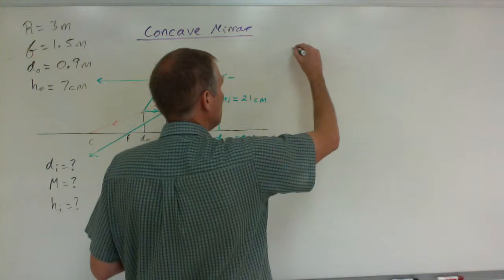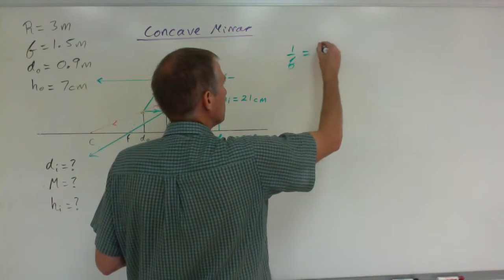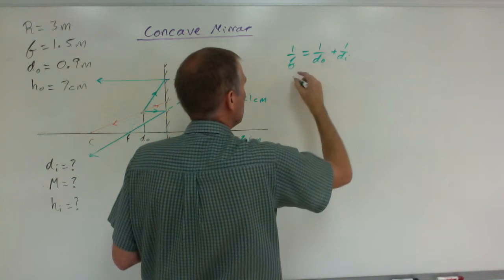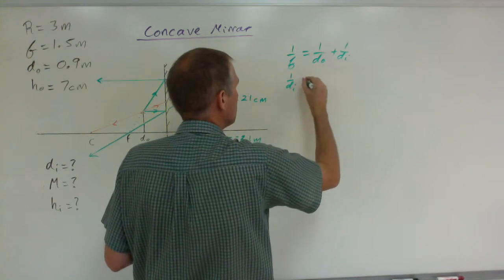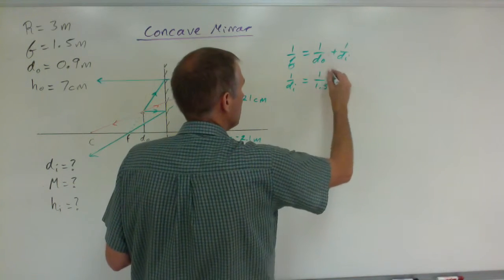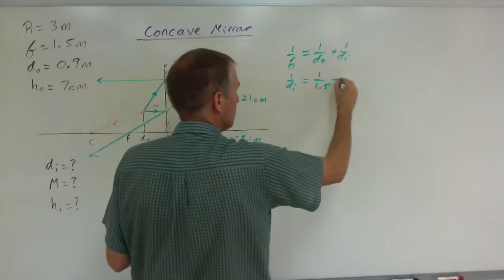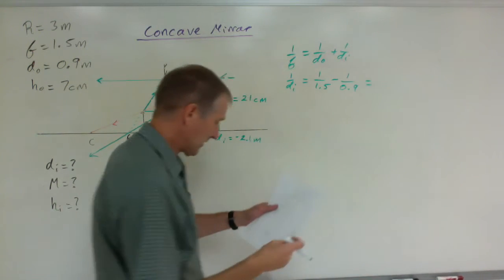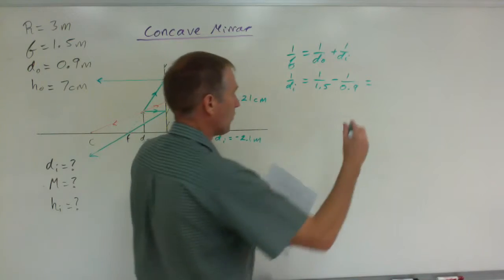So let's find DI. 1 over F equals 1 over DO plus 1 over DI. When I solve for 1 over DI, it's going to equal 1 over F, which is 1 over 1.5, minus 1 over DO, that's 1 over 0.9, and that value comes out to be negative 0.44.